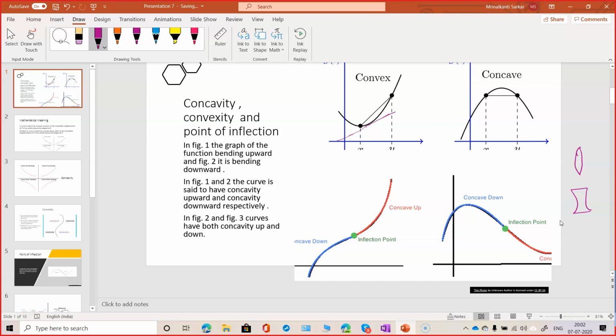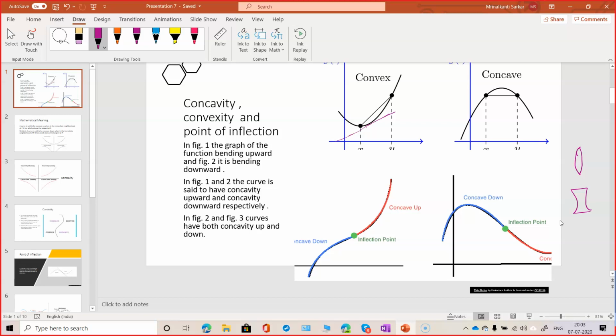Or one can say that the change of the value of dy by dx is also positive. Gradually it is becoming steeper and steeper. The value of dy by dx goes on increasing, so it will be convex up. So the increasing-decreasing function concept is also related here. We are not going to discuss that now, just convexity or concavity.